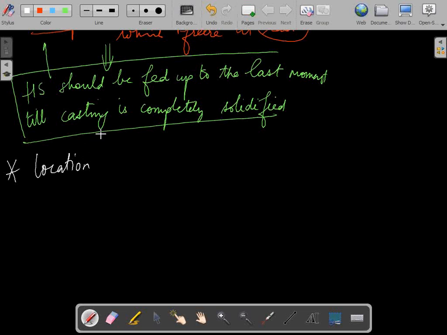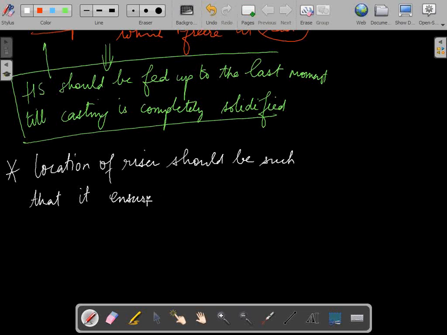The location of the riser should be such that it ensures directional solidification.